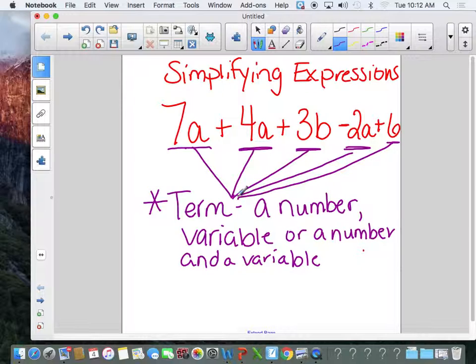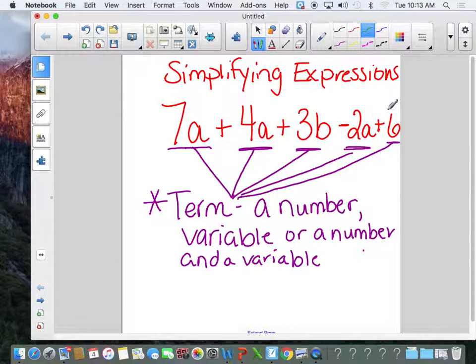All right. With another color. Some of the terms have variables. We already know what a variable is. A is a variable, B is a variable. Some of them do not have variables. The ones that do not have variables have a name. They're a constant.